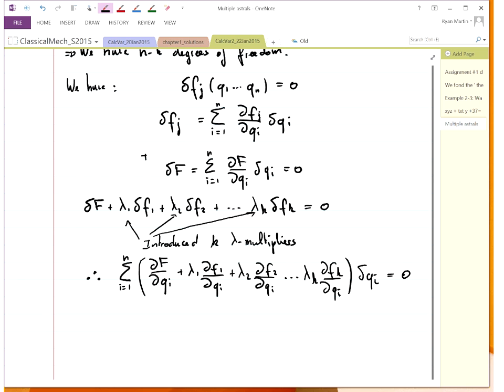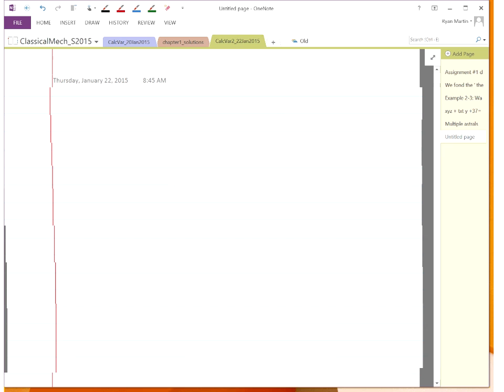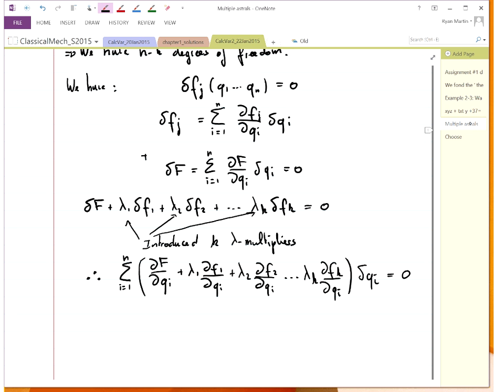So now we come to the point where we can choose the values of our Lagrange multipliers. Let me go to a new page. Let me make a comment again here. We have this sum, so each term in the sum multiplies a delta qi.